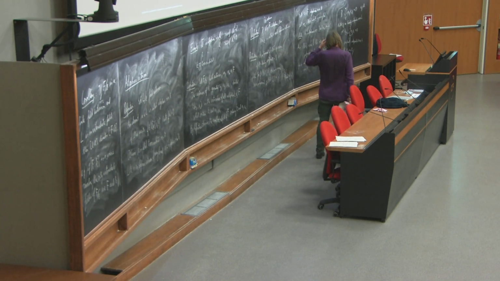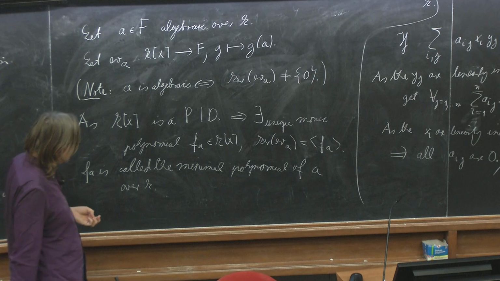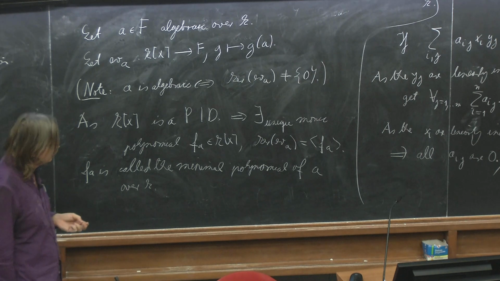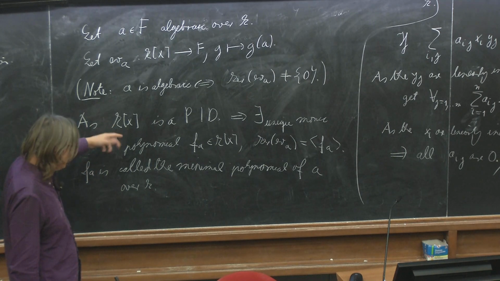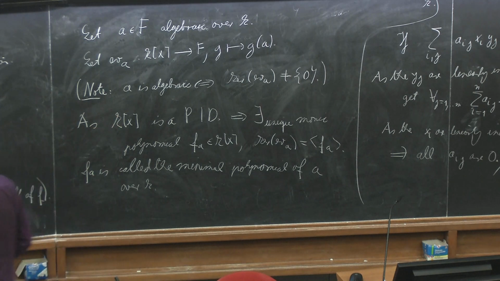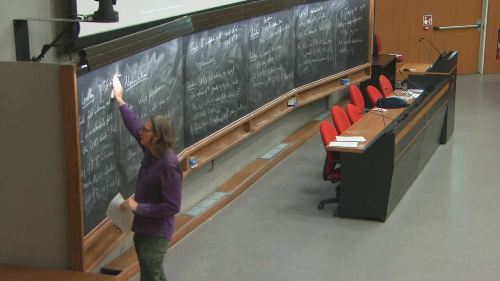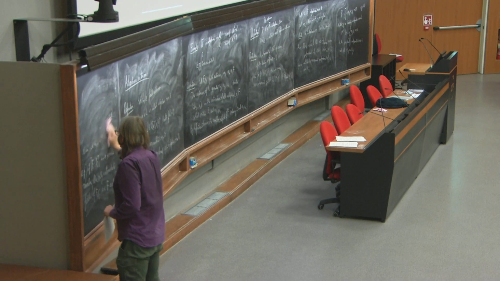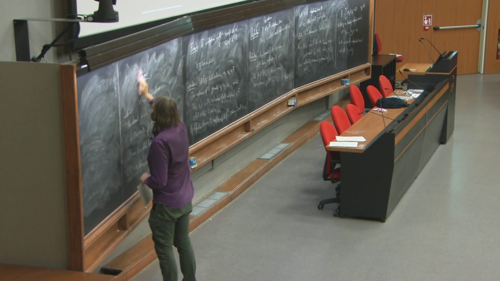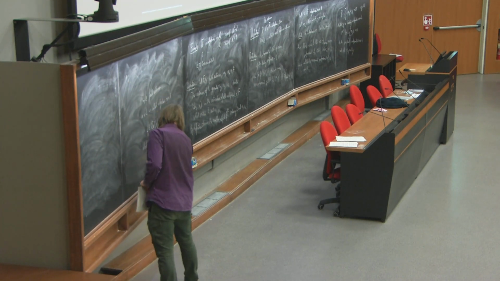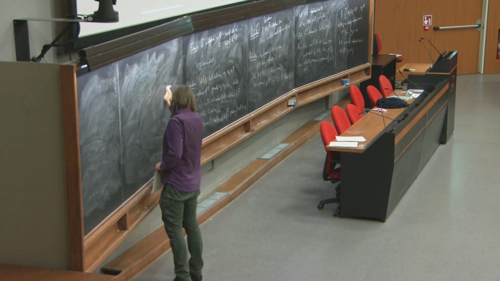Namely, we can say that this minimal polynomial is the unique irreducible monic polynomial with coefficients in K such that evaluated at A, it gives 0. So instead of asking this thing to be a generator of the kernel of the evaluation homomorphism, we ask it to be irreducible, and vanishing at A. It's kind of obvious that these two should be equivalent, but now let me carry this out.